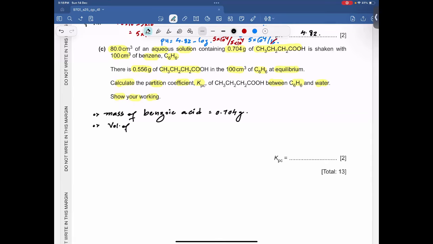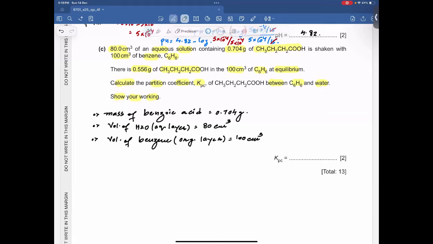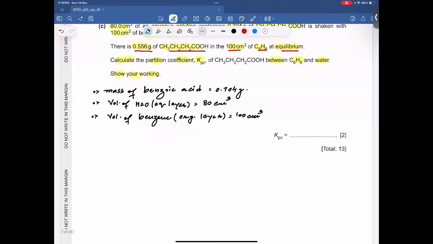Volume of water, and that's going to be your aqueous layer, is 80 cm cube. Then volume of benzene, that's going to be the organic layer, is 100 cm cube. According to the information, 0.556 gram of benzoic acid is extracted in 100 cm cube of benzene at equilibrium.